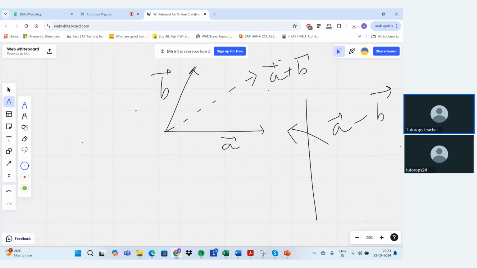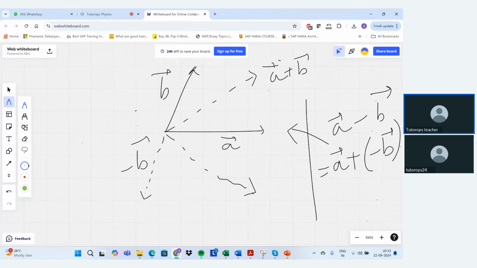A minus B, what I can write is A plus of minus B. That gives the same thing. So how can I form it pictorially? Same way, if this is my B, then this is my minus B. If this is my minus B, then this is my resultant vector, which is A plus of minus B. So this comes as A minus B.